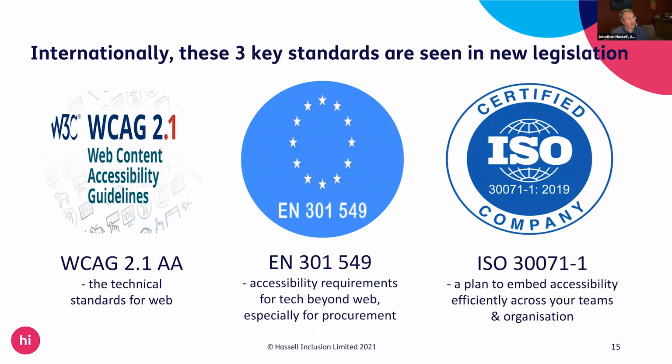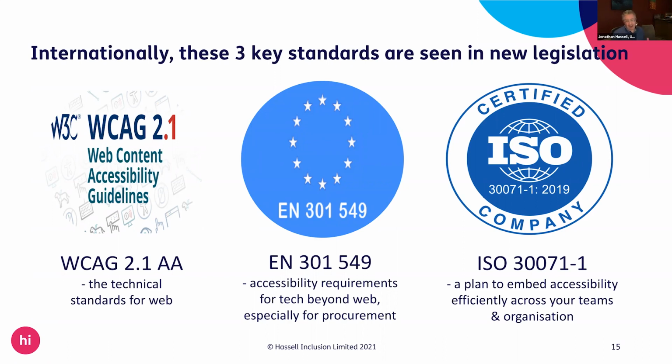And then the final thing, which is the thing that if you've been to any of our webinars, you've heard us talk about a lot, which is ISO 30071 Part 1. That's all about how to make that plan that the French and the Italians are requiring people to publish every year.